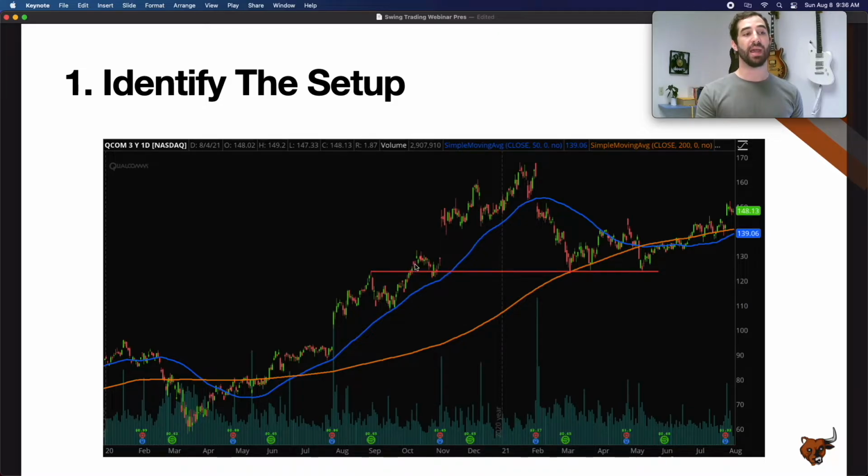By kind of breaking out and then coming back, testing, holding, and then continuing upward. With this action, this has just told me that this previous roof or resistance has now become a floor or a support. Okay? Keep that in the back of your mind for now.